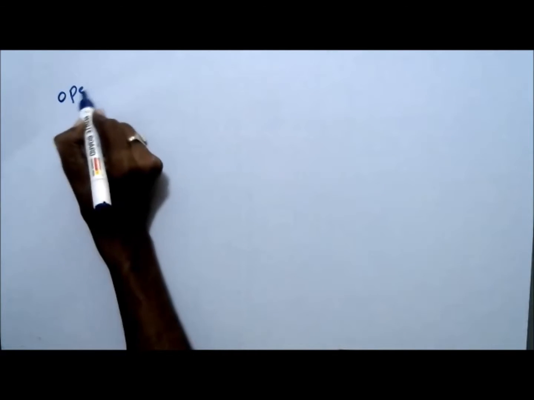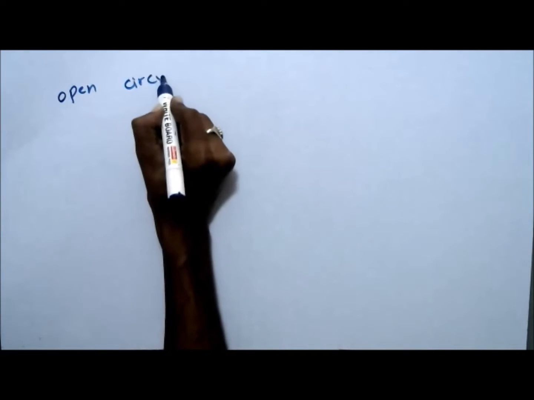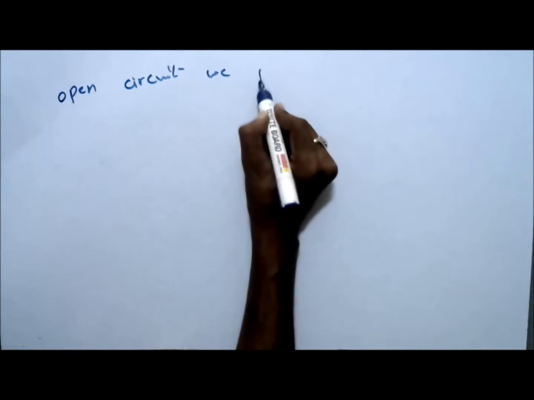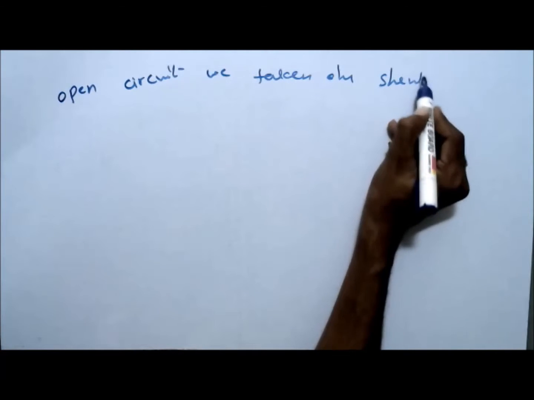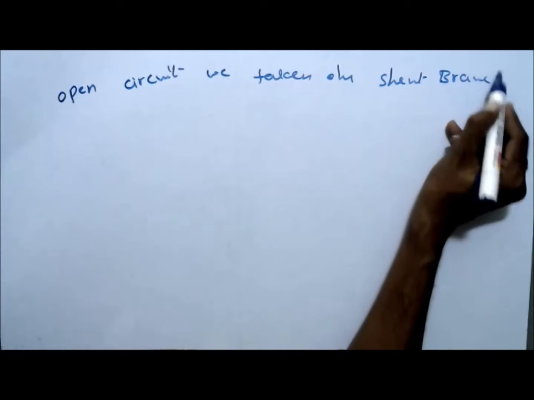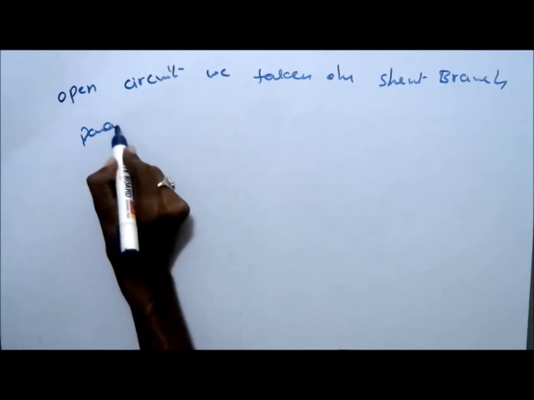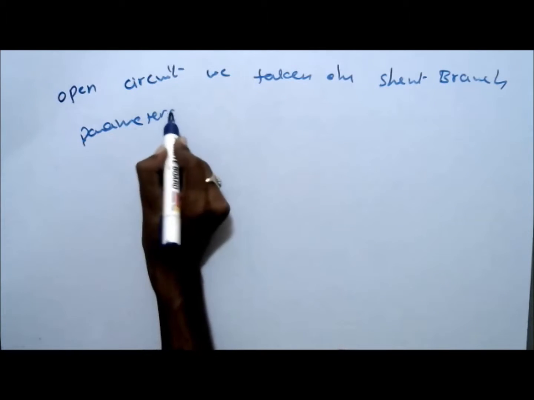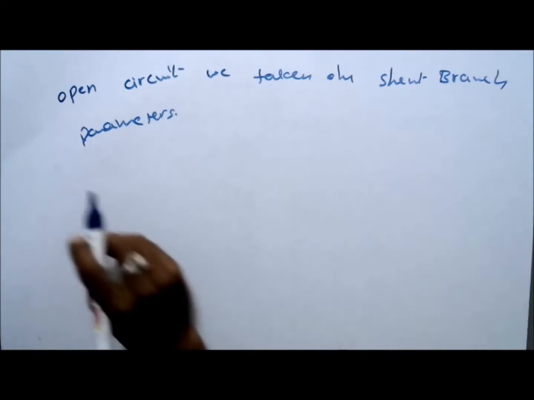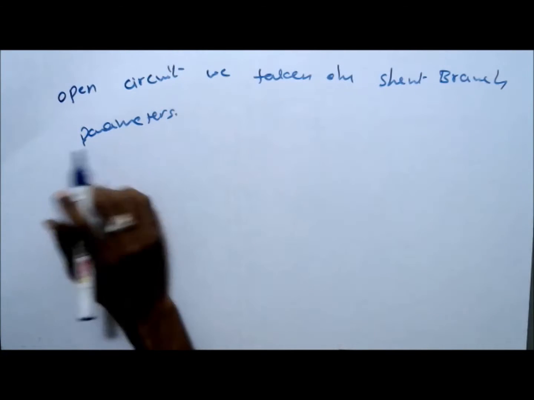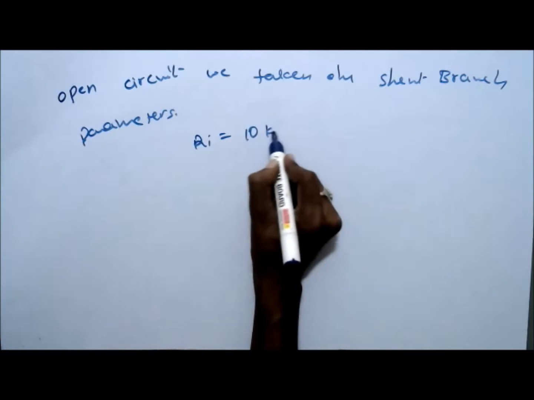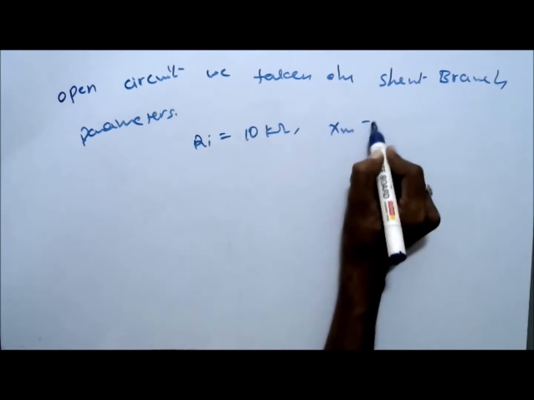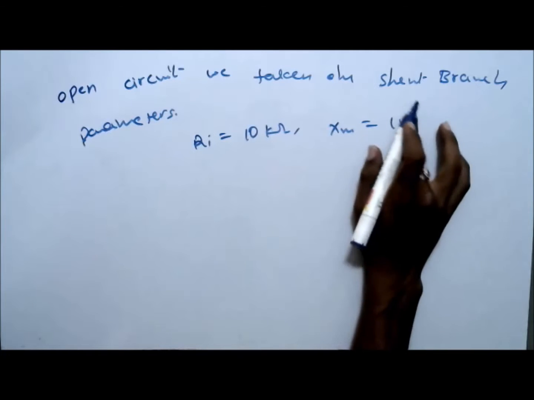See, open circuit means we take only the shunt branch parameters. So the shunt branch parameters he has given: RC is equal to 10 kilo ohms, XM is equal to 1.6 kilo ohms.